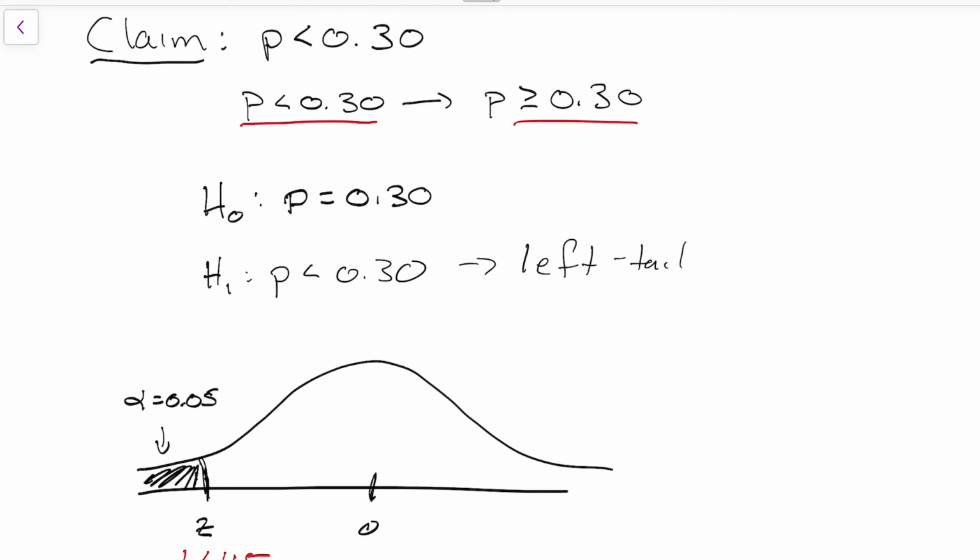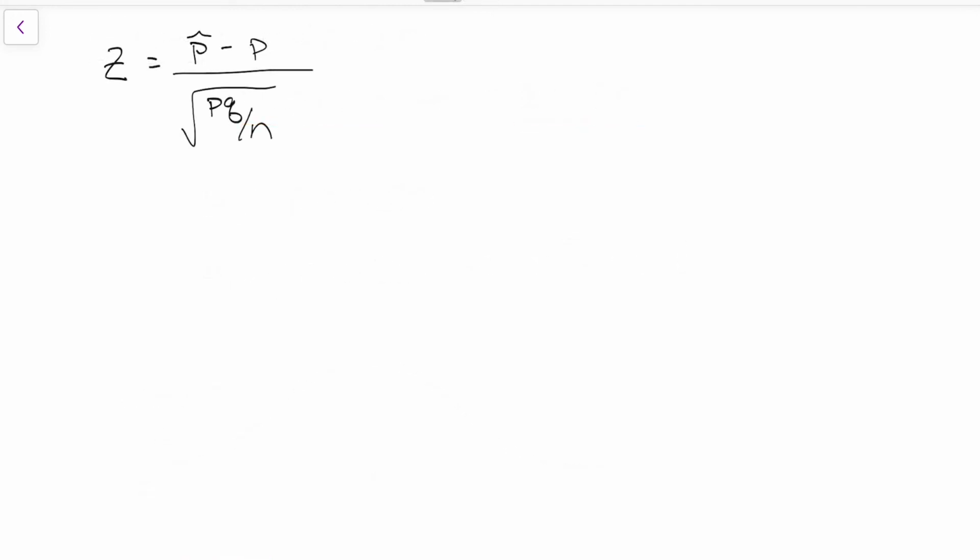To determine whether we can reject or fail to reject the null hypothesis, we have to compute our test statistic. Our test statistic formula for a proportion is z = (p̂ − p) / √(pq/n). If we recall from the example, p̂ was the proportion of people in the survey that sleepwalk.